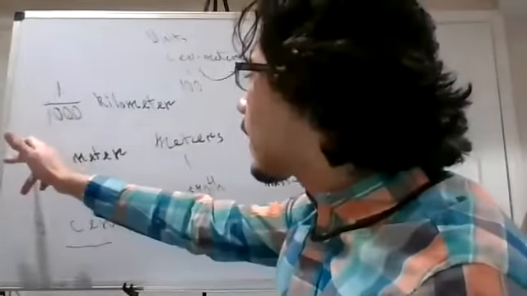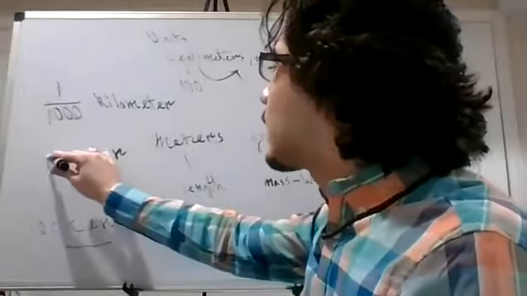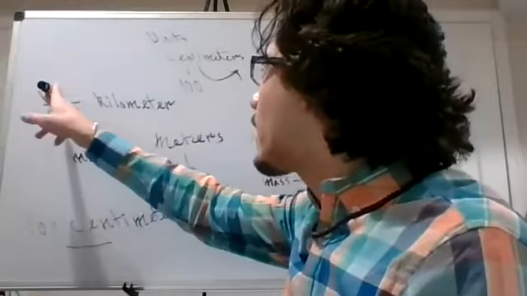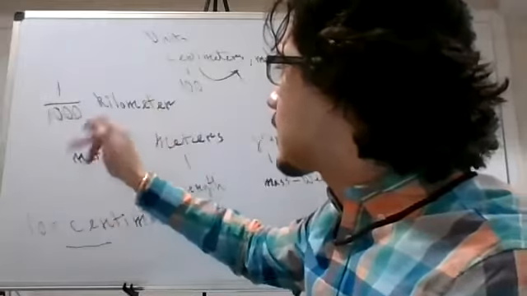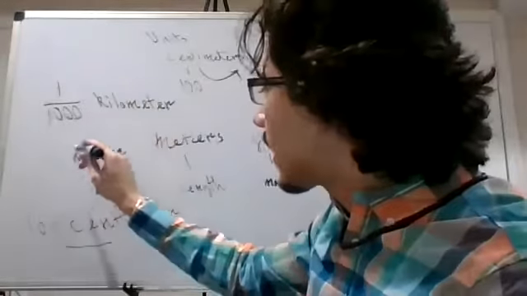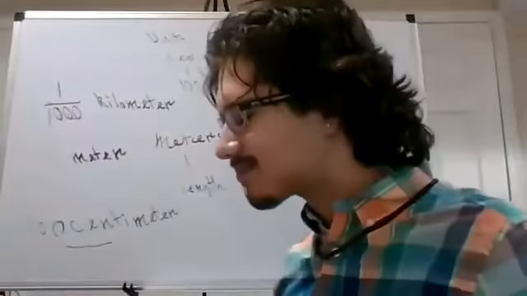Good. With meter in the center of our small chart, 1 meter is equal to 1/1000th of a kilometer, because there are 1,000 meters in a kilometer, and 1 meter is also equal to 100 centimeters.